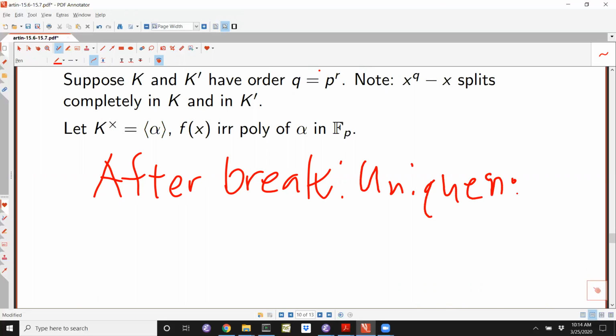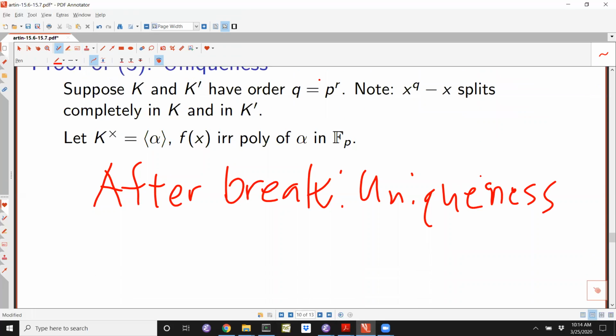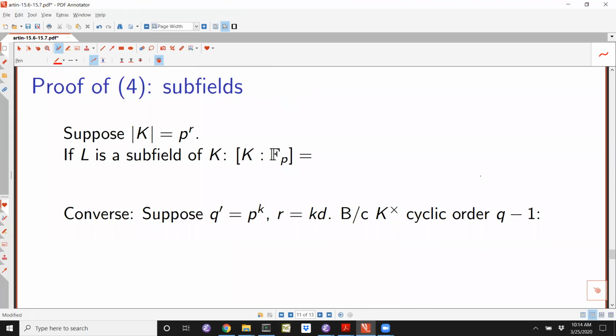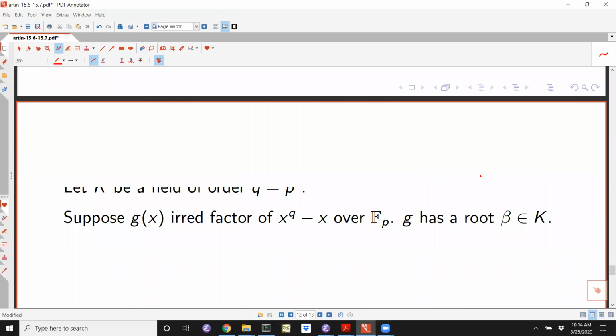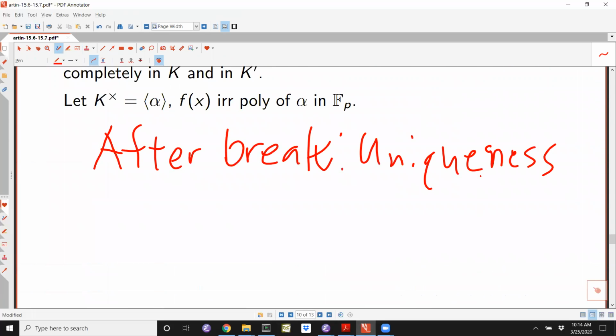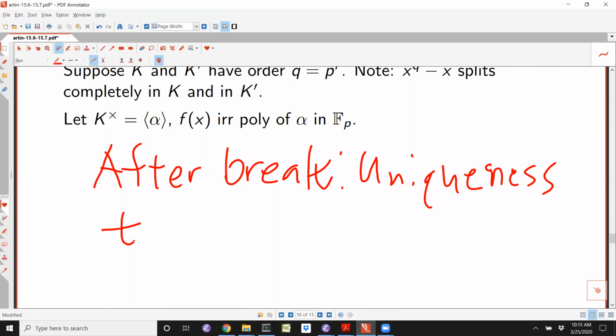I think it's a useful and fun argument, how we obtain the uniqueness of finite fields. The other stuff is less important and less part of the main thrust of the course. So then we'll just go on to chapter 16.